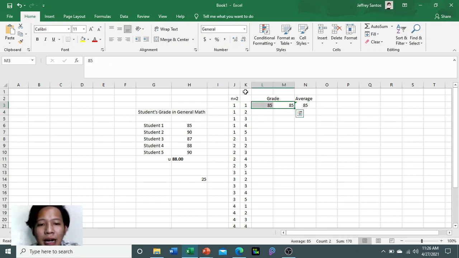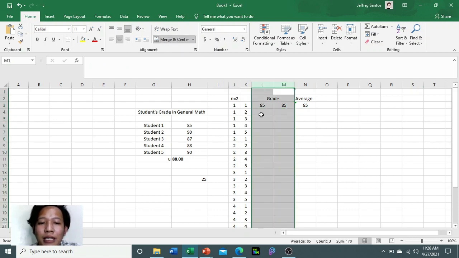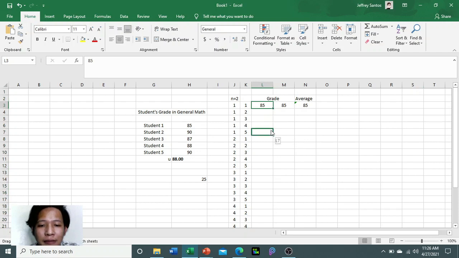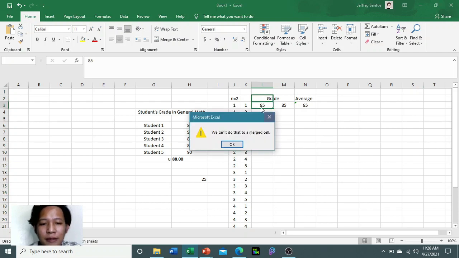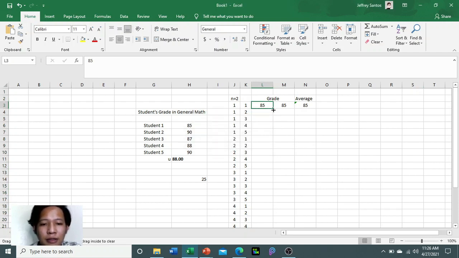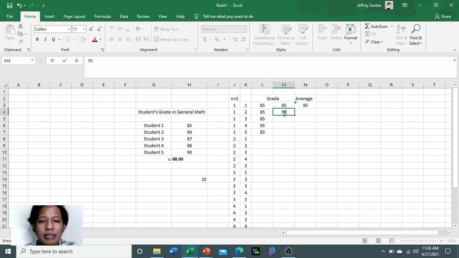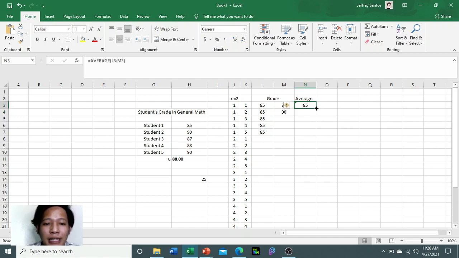Now, for sample number 2, we have 1 and 2. So we still have 85 here, but this one is 90. So what would be the average? We can just drag it so we can see. And then we also have 85. How about student 3?